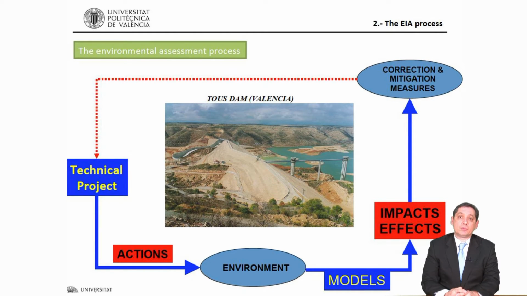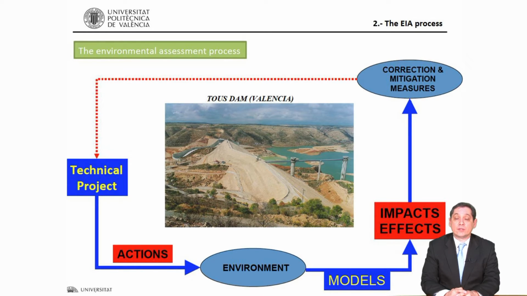In this technical project, every feasible technical alternative has to be included, including, of course, the justification of the location of the dam. This technical project has to be analyzed, trying to understand and identify all the actions that the project induces on the environment.